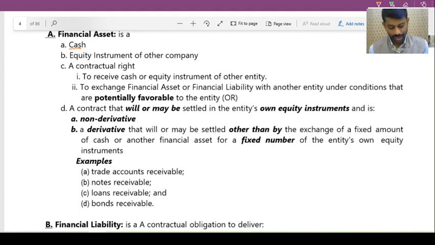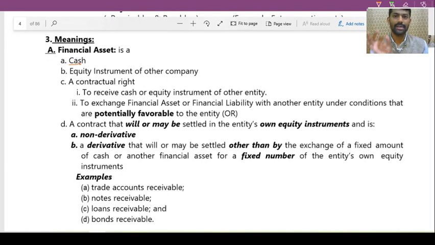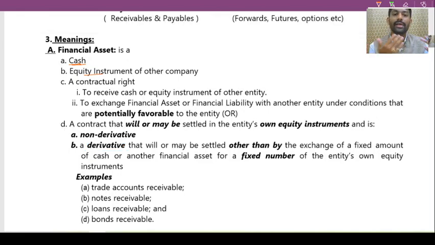So in a financial instrument, a financial asset is first prima facie cash itself and an equity instrument of another entity. An equity instrument of another entity means investment or not? Yes, sir. Equity shares of another company.